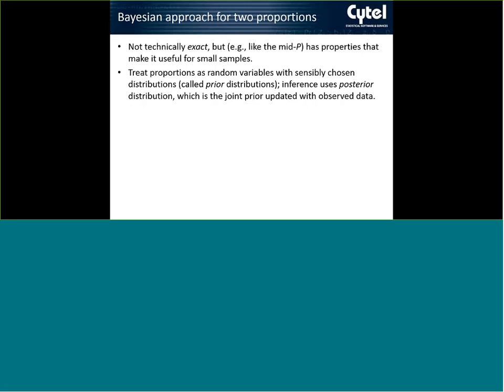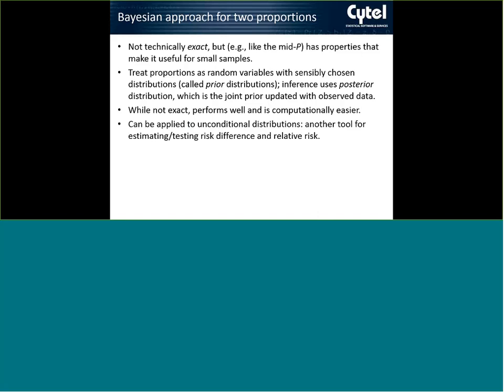These distributions we call prior distributions, and then inference for the difference between the proportions relies on what's called the posterior distribution, which is the prior updated by the observed data. And again, it's not exact, but it's computationally a lot cheaper.